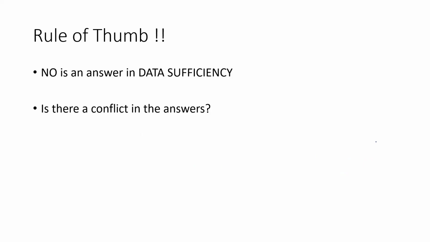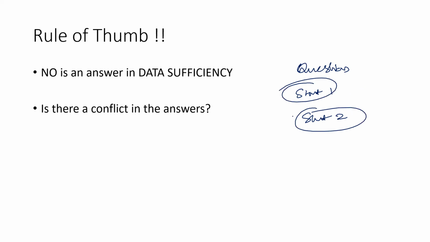One more point I would like to say: there may be a situation in which a question is asked, statement 1 given, statement 2 given. The situation will be like this. Statement 1 alone is not sufficient. Statement 2 alone is not sufficient. Combining statement 1 and statement 2 together, you are still not in a position to answer the question.